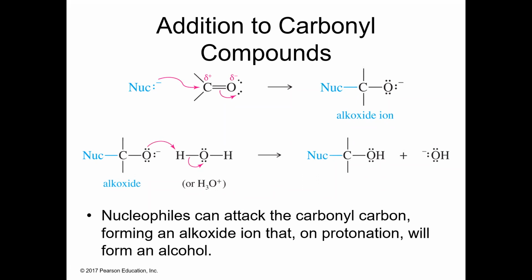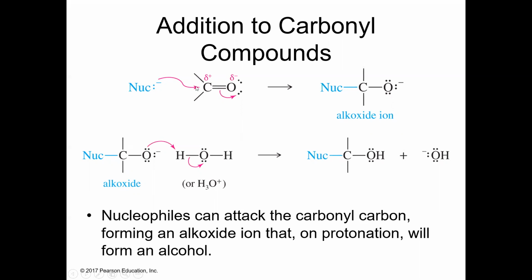All right, another reaction that we can do with these acetylide ions is we can use them to attack carbonyls, specifically aldehydes and ketones. This carbonyl group has a large dipole moment, so the carbon is partially positive.